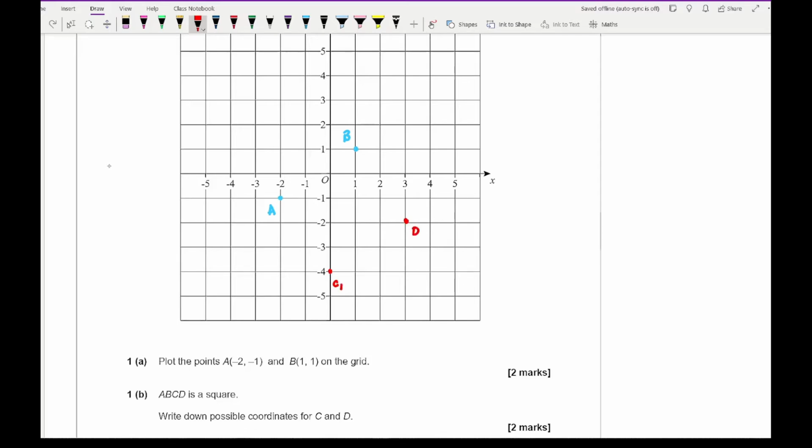So let's just label that as C1, D1. Or you could find that the coordinates are going in the opposite direction. So this could be C and this could be D. Well, actually, that's going to be D. And let me just make sure I've got those coordinates right. So flip that around.